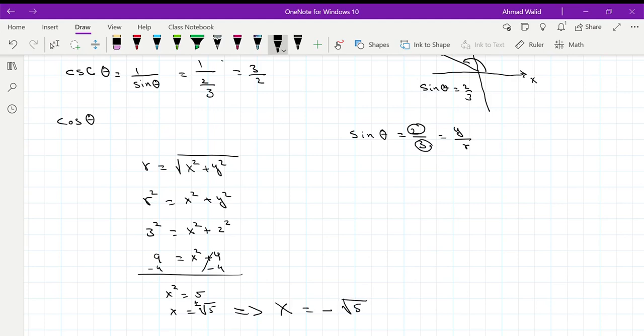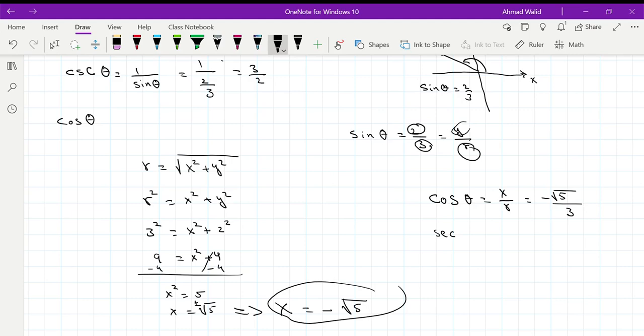Okay, now I know x, I know y, I know r, and I know all reciprocal identities. Can I write the other 5? I already did one of them, the cosecant. Let's start with cosine. Cosine theta equals x over r, correct? It means your x is negative radical 5 over your r is 3.